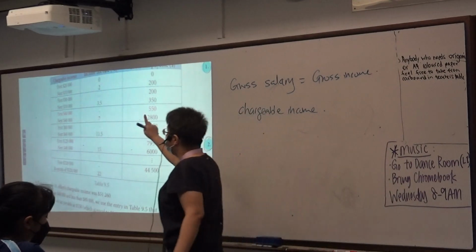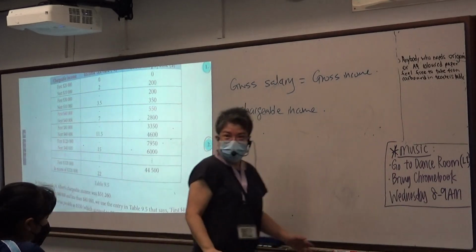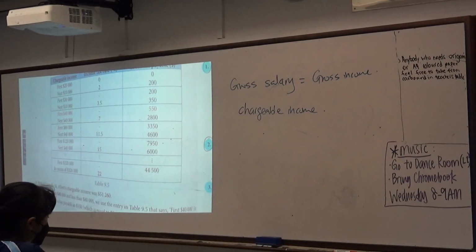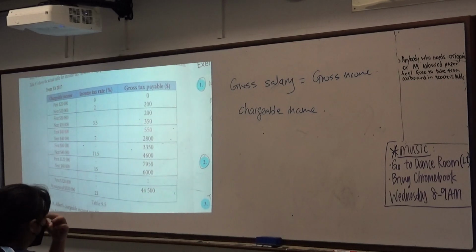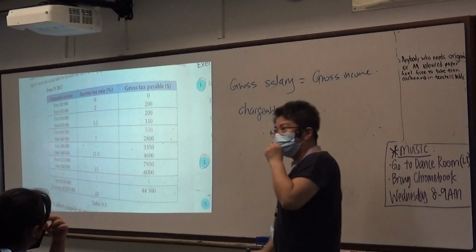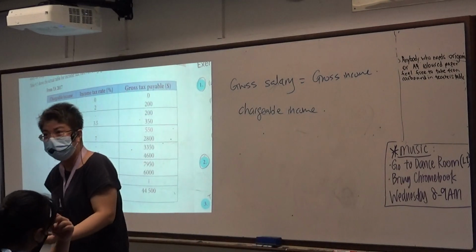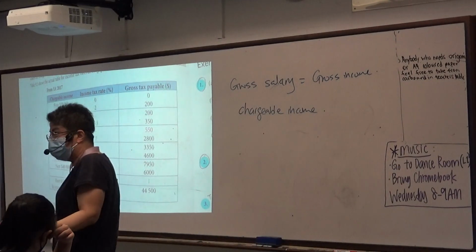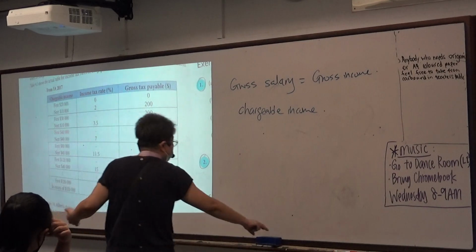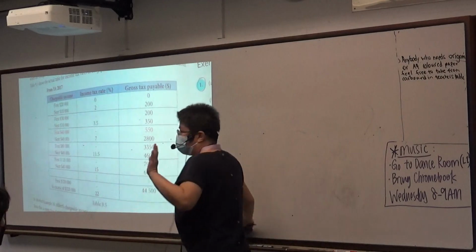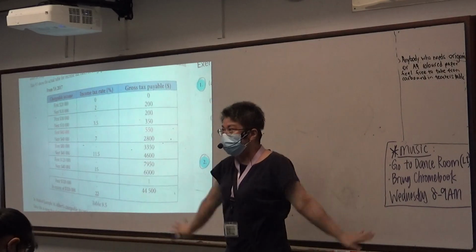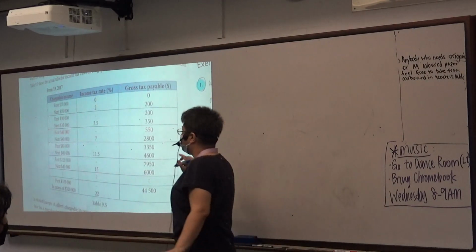Understand? Now, then is this table that is very worrying. Nowadays, the IRAS is very good. They have an Excel, they just key, they'll churn up for you. Last time it's not like that, but as a student, you must know how to calculate, in case they calculate wrongly, you also don't know. Right? Now, after I found out the chargeable income, that means I deduct everything already. All of you look up.